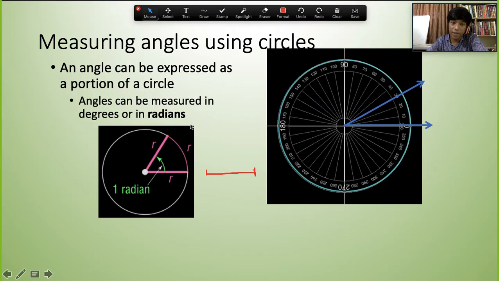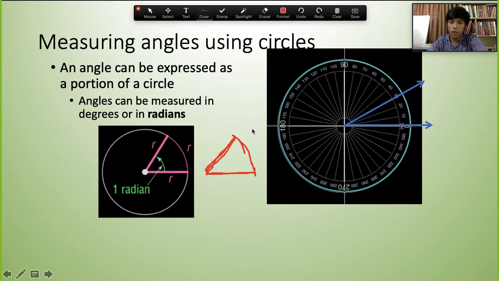But the interesting thing about radian is you will not have to memorize anything for the radian. Suppose it is 2 centimeter, and then you go 2 centimeter this way also along the curve, the same 2 centimeter, then since this is a part of the circle, this will also be 2 centimeter.